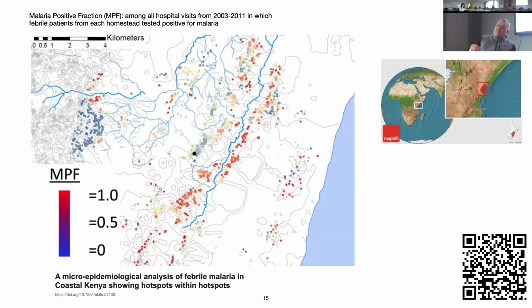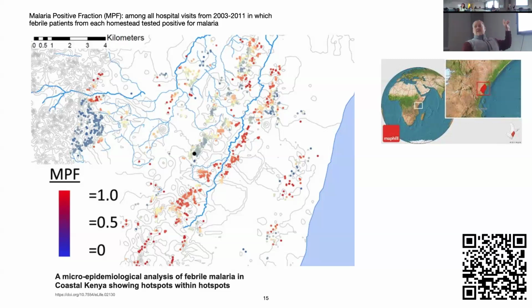And now they're looking and saying, when these people come to the hospital, if they have a fever, what fraction of the time do they also have malaria? We call this the malaria positive fraction. What I really want you to take away is that if you look at the dots, some are blue, which means people almost never come in with malaria from that household, and in red, they almost always come in with malaria.